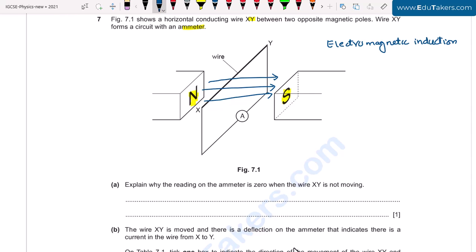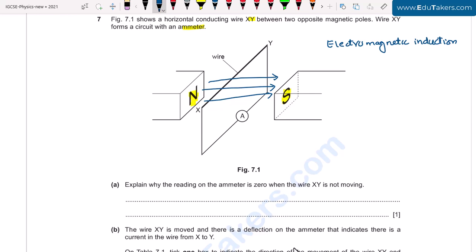And this phenomenon is known as electromagnetic induction. So here you can see that there is no battery in the figure 7.1, but still an ammeter is connected there, which shows that current passes if the wire XY moves. But in the question, it is said that the ammeter reading is 0 when XY is not moving. It means that the wire XY is at rest.